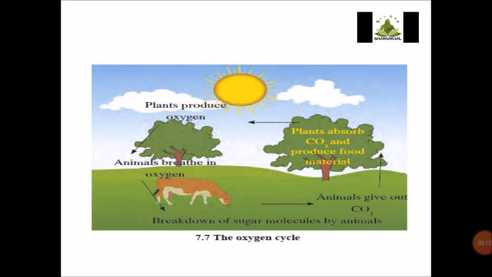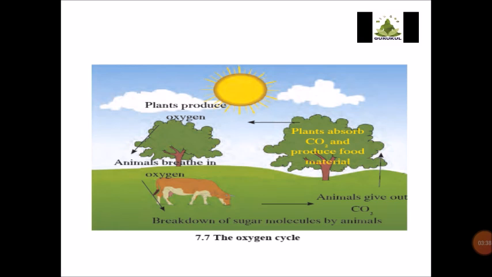to know the sun is there and plants produce oxygen in the presence of sunlight, carbon dioxide, water and soil. The plants produce oxygen through the process of photosynthesis. Okay, now when the oxygen is released by the plants, if you are able to see, there is an animal, a cow grazing.